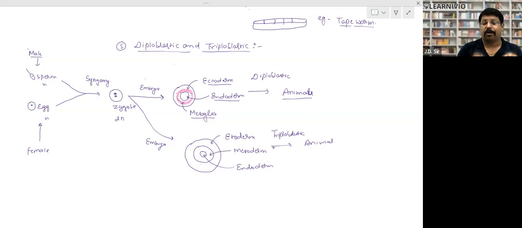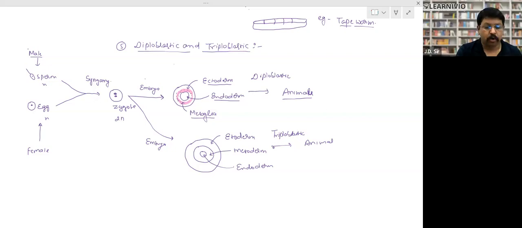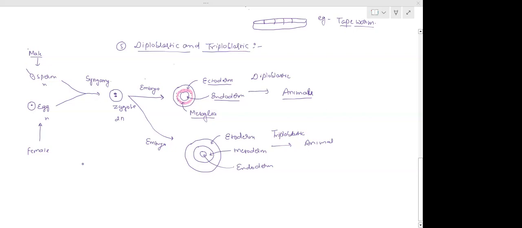Is that clear or not? Tell me, please. Yes, sir, it is clear. Very good. So please note it down. Yasir, is that clear? Okay. Fine. That's great to listen. Please draw this diagram.